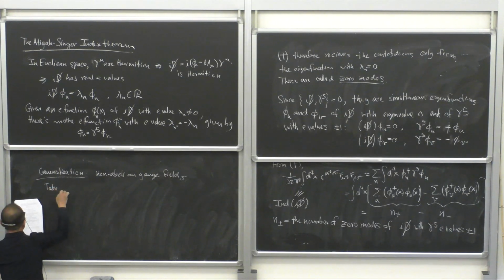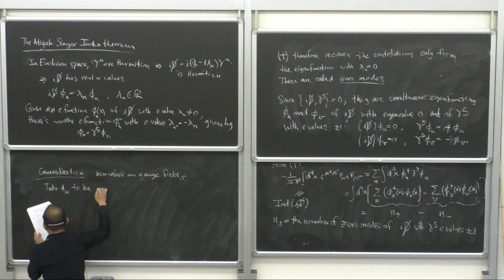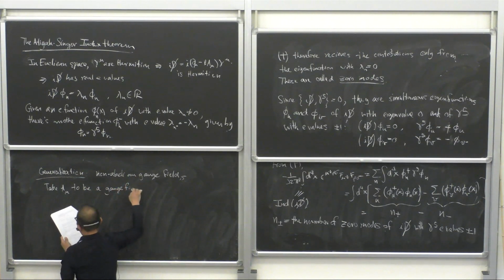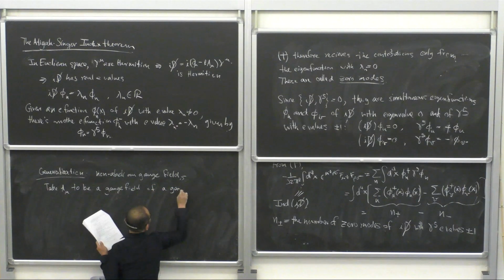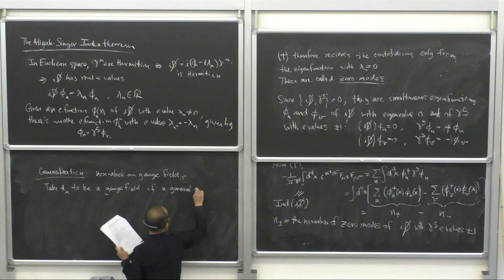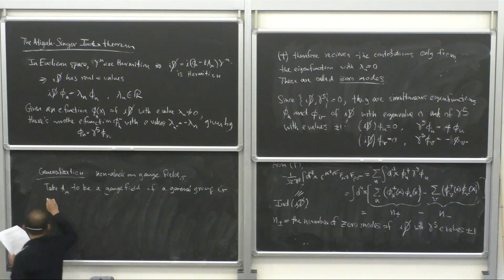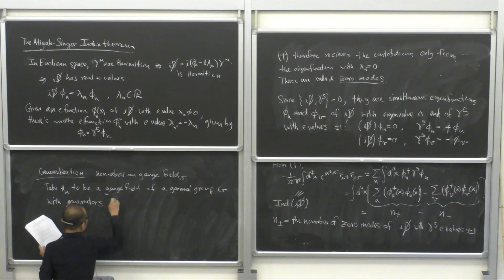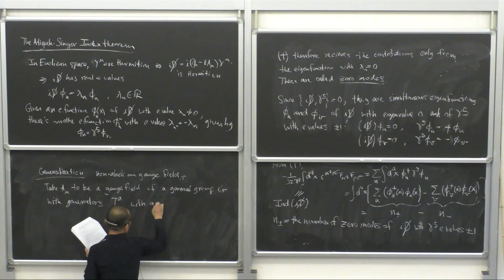Take A mu to be a gauge field of a general group G with generator T^A, with A being the gauge index.